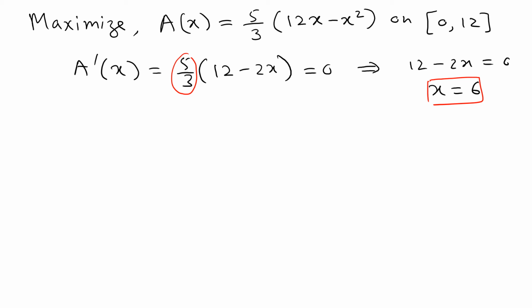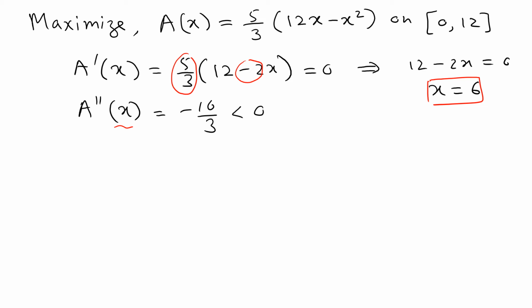Now we really don't know whether it's a maximum or minimum according to calculus, so we need to look at the second derivative. The second derivative, A double prime x, you just multiply by negative 2, so it is negative 10 over 3, which is negative for any x.